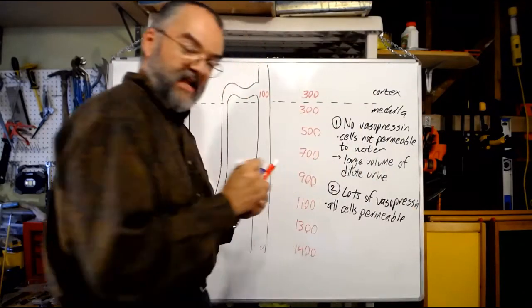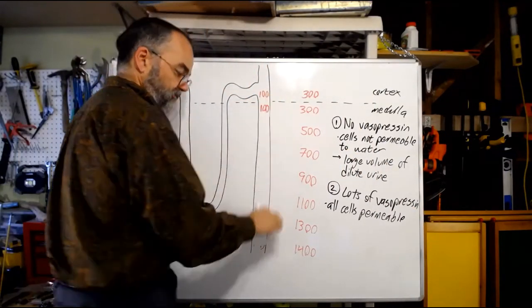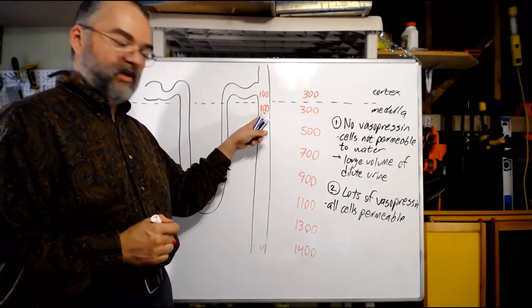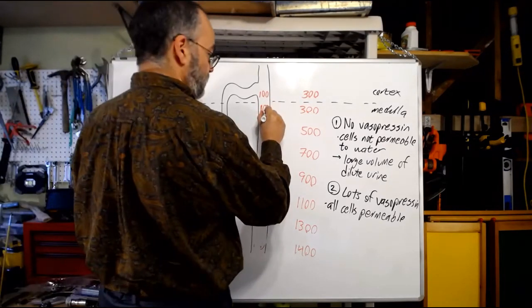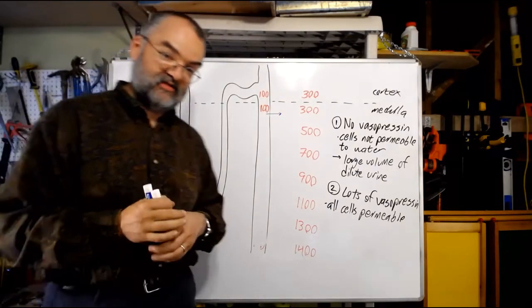So now let's imagine what happens as we come down here. If all of these cells have become permeable, this stuff at an osmolarity of 100 sees this as an osmolarity of 300, and the water will move out, drawn out by the higher osmolarity.